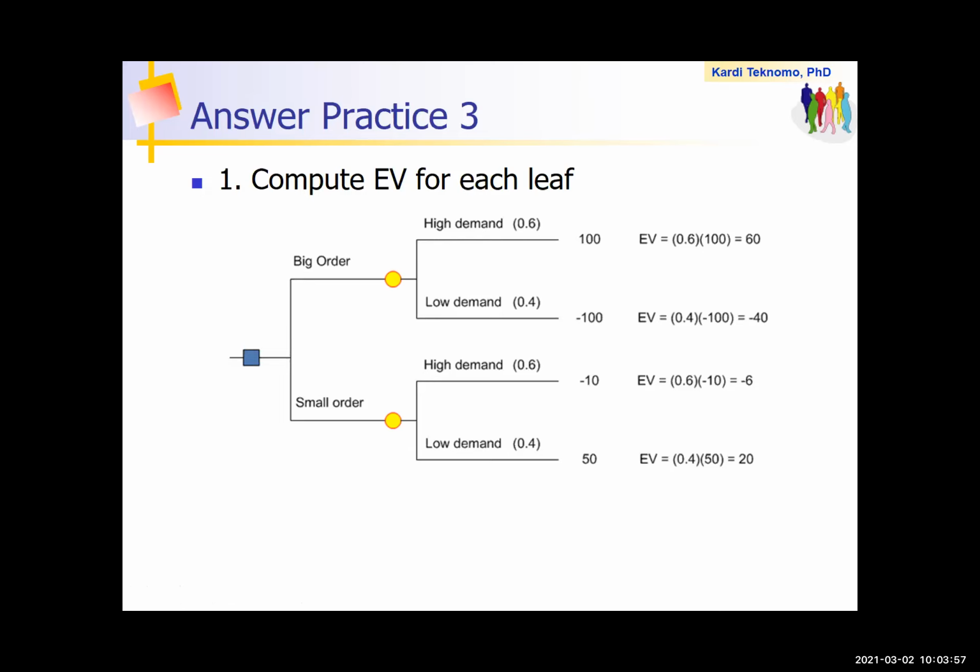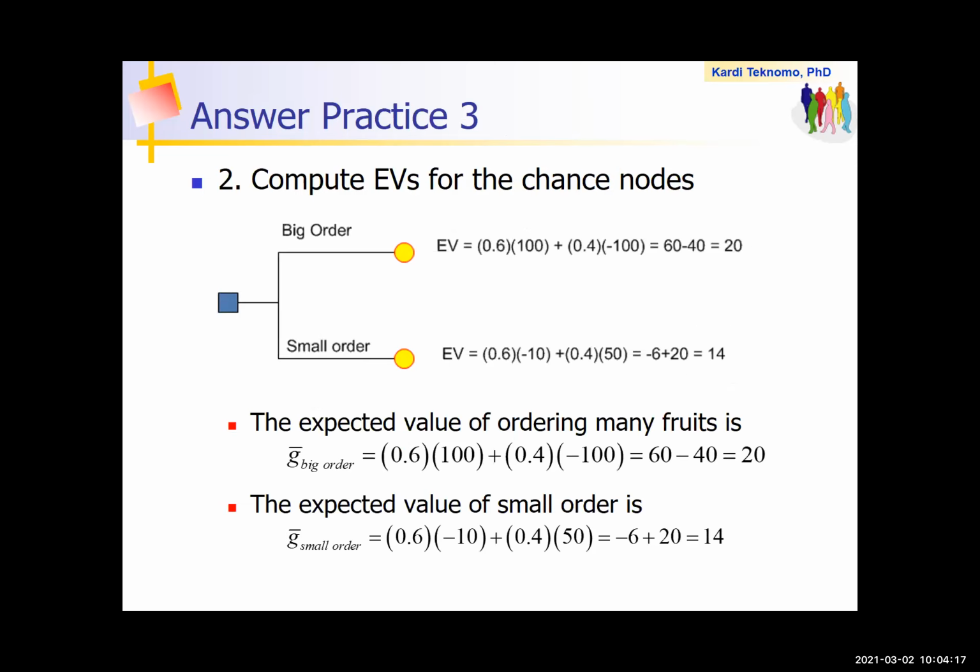The alternative we choose here is the big order alternative. The payoff in here is gain, not cost. So the second step is to compute the EV for the chance node.